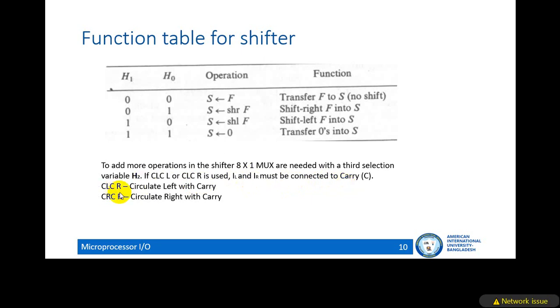It has some application when you design the ALU, when you do the circulate left and right with the carry bit. We'll see that next week, at the end, when we design the control unit for the ALU. Okay, let's see an example of how it is used.